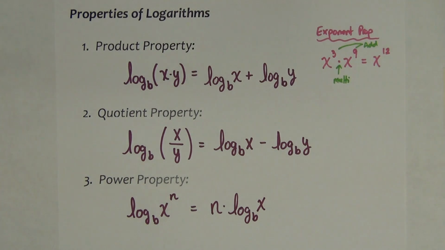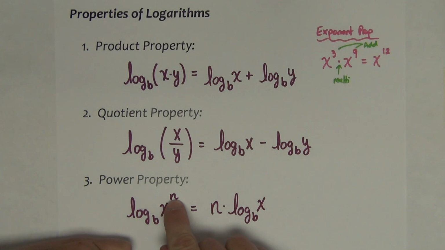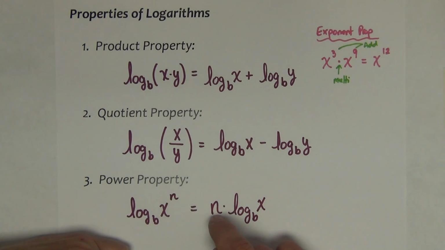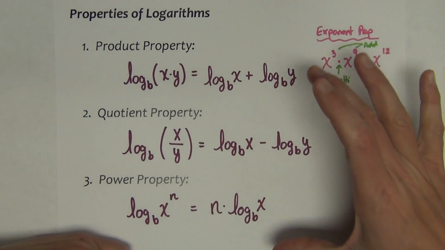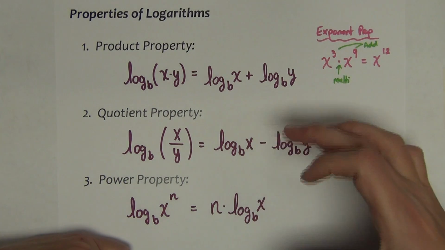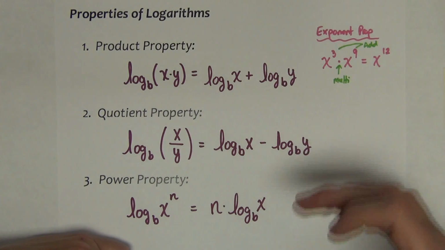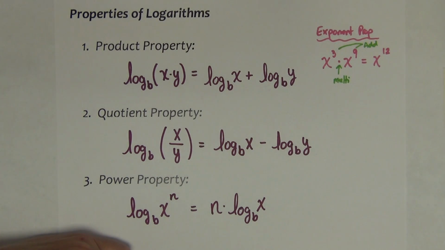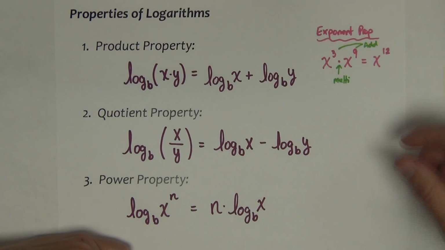So in this one, the exponent above the x, or whatever you have here, is allowed to move into the front of the logarithm and multiply the logarithm. Okay, so there are our three basic properties, and we're going to use those properties on, I believe, every problem that comes as an example in the rest of this section.